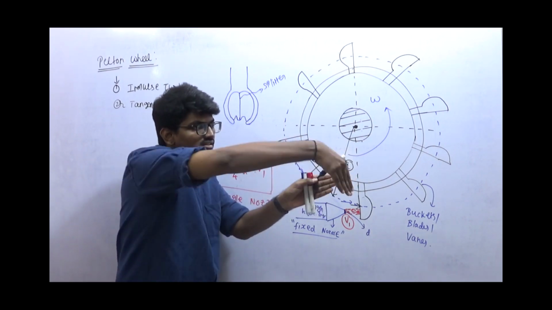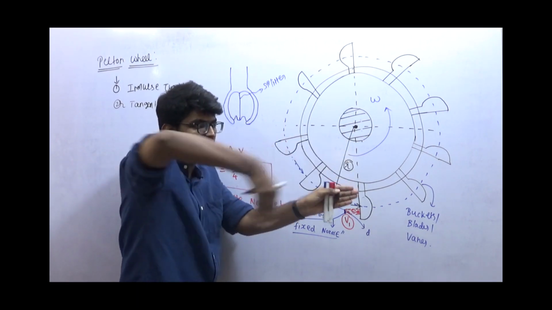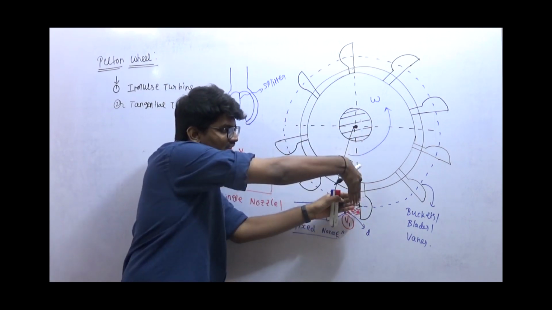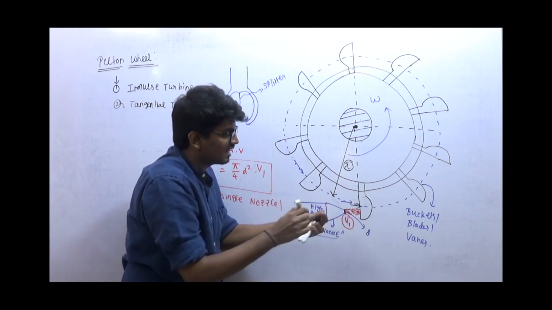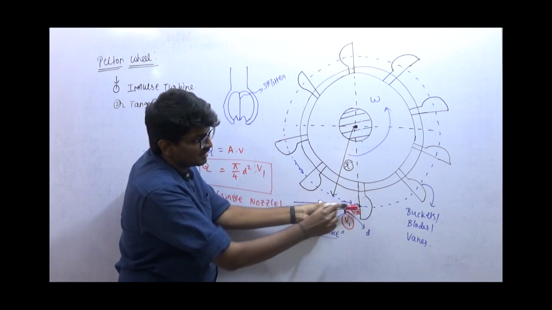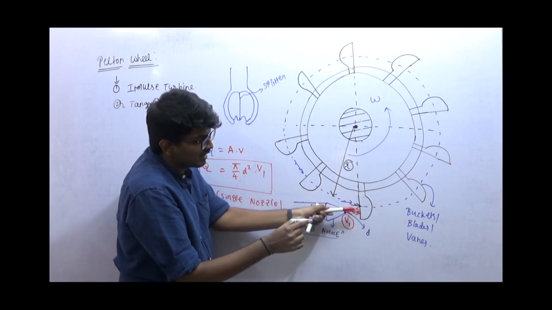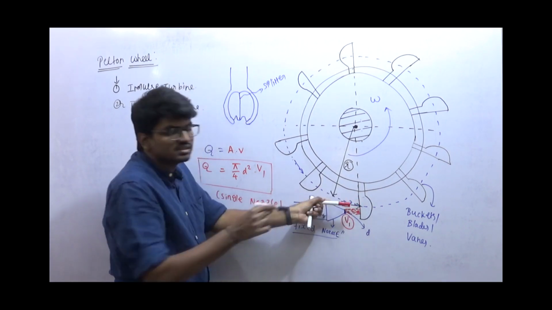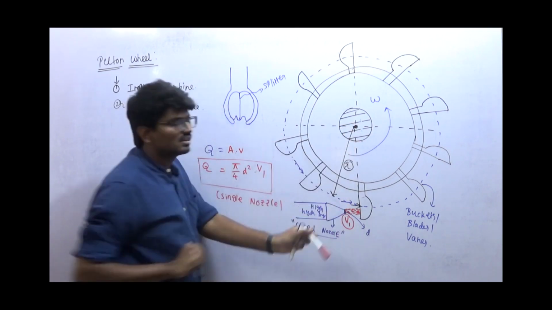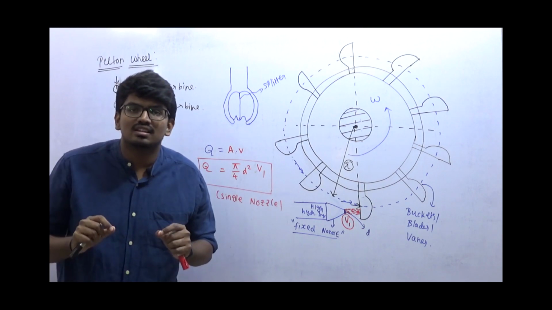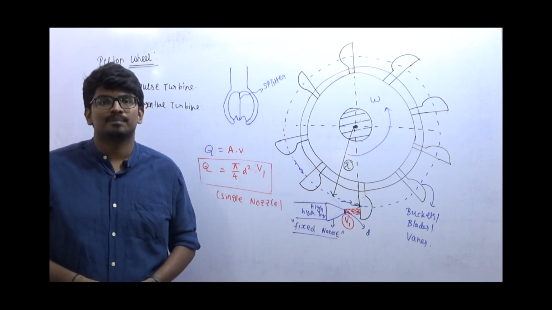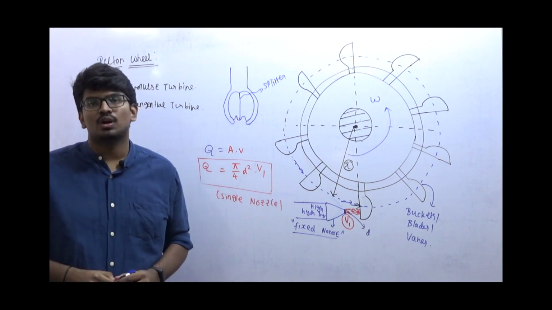It is entering like this, coming like this. So with respect to the center, this is the entrance and this is the exit. From the axis of rotation, this R remains the same. The radial distance remains the same, which means U is the same at both inlet and outlet.